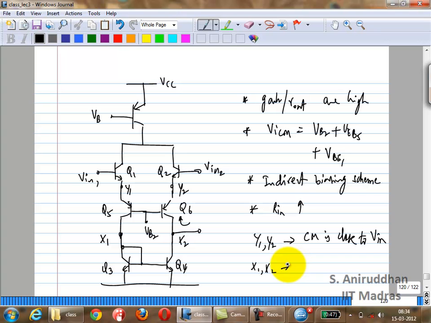At X1 and X2, where is the common mode? Where is the common mode voltage? So I'm going to call this V. This is your negative supply. It's VEE plus VB3, right?